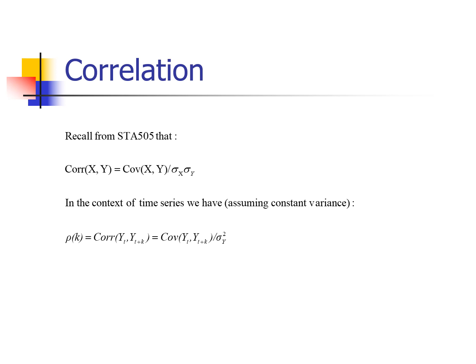So y sub t and y sub t plus k have the same standard deviation. So that formula boils down to the covariance of y sub t and y sub t plus k over sigma y times sigma y, which is just sigma squared y, or the variance of y, which we had on the previous slide, remember? So we know that variance formula. So we just need to figure out the covariance.